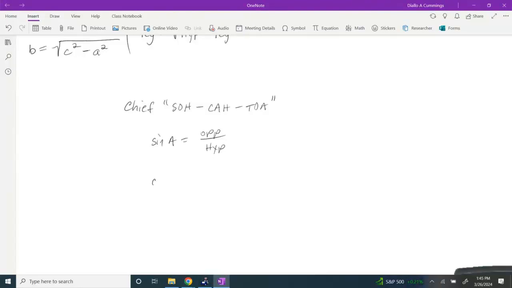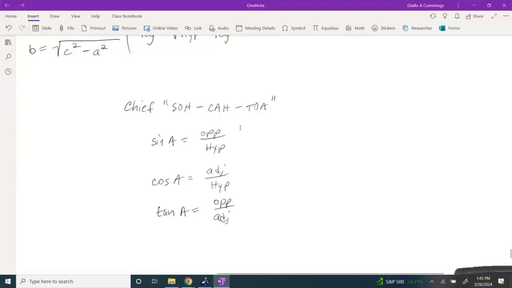The CAH part means that the cosine is equal to the adjacent over the hypotenuse. And the TOA part alludes to the tangent being the opposite over the adjacent. Okay. Now we're going to explain the opposite, adjacent, and hypotenuse in a minute. But here's SOH CAH TOA.